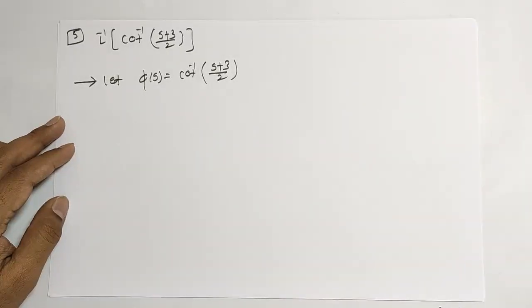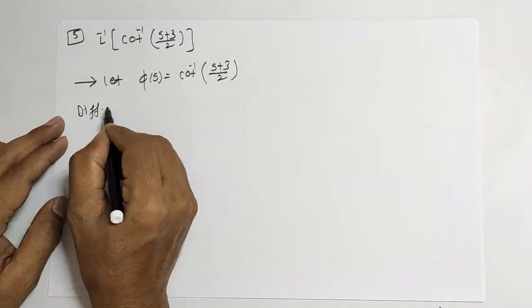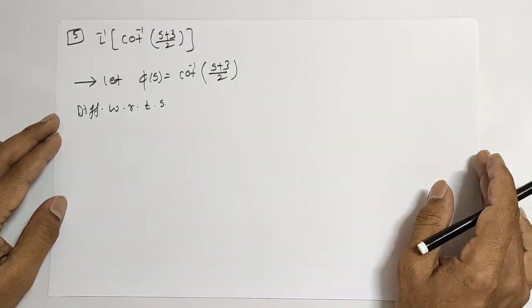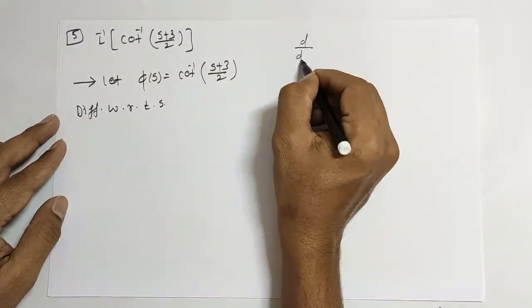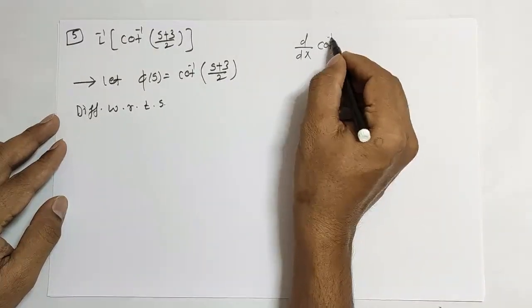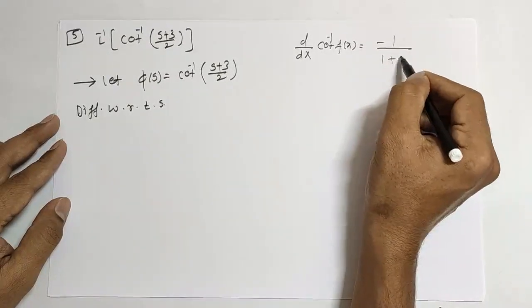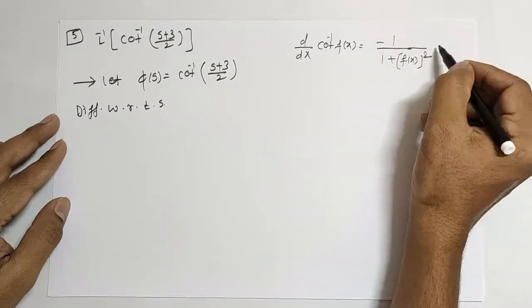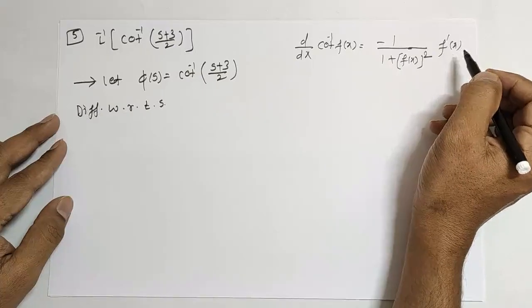Differentiating with respect to s. Okay, so derivative of cot inverse, as you know, d by dx of cot inverse f of x is minus 1 upon 1 plus (f of x) whole square into derivative of f of x, which is f dash of x.